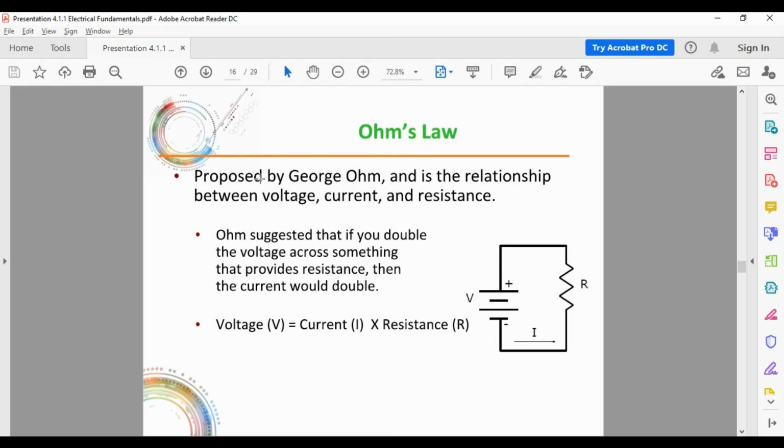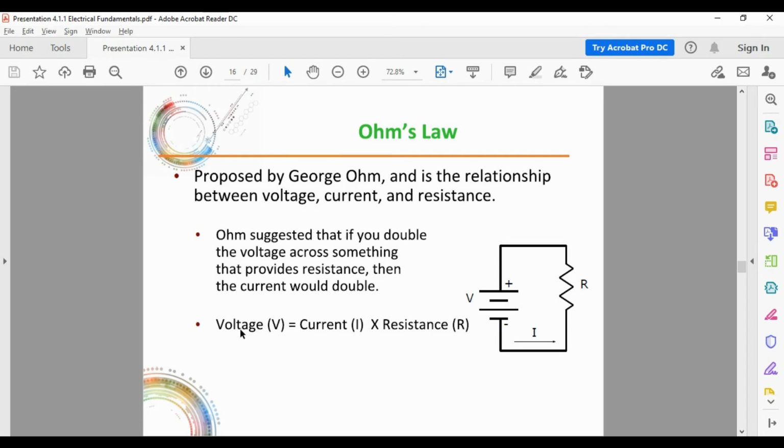Ohm's law, very important when talking about electricity, proposed by George Ohm, is the relationship between voltage, current, and resistance. When you get into electricity, you're going to hear those terms tossed around like crazy. Ohm suggested that if you double the voltage across something that provides resistance, then the current would also double.